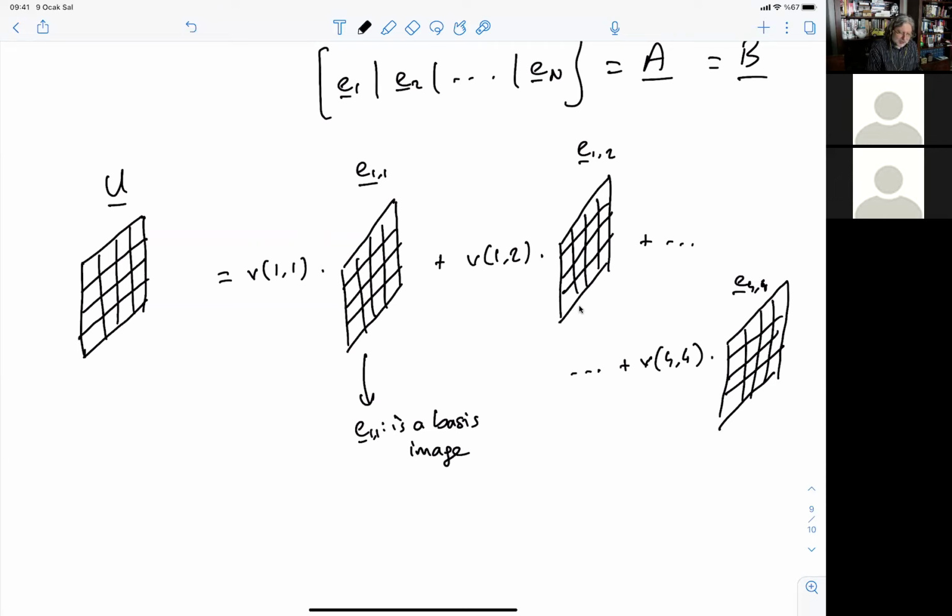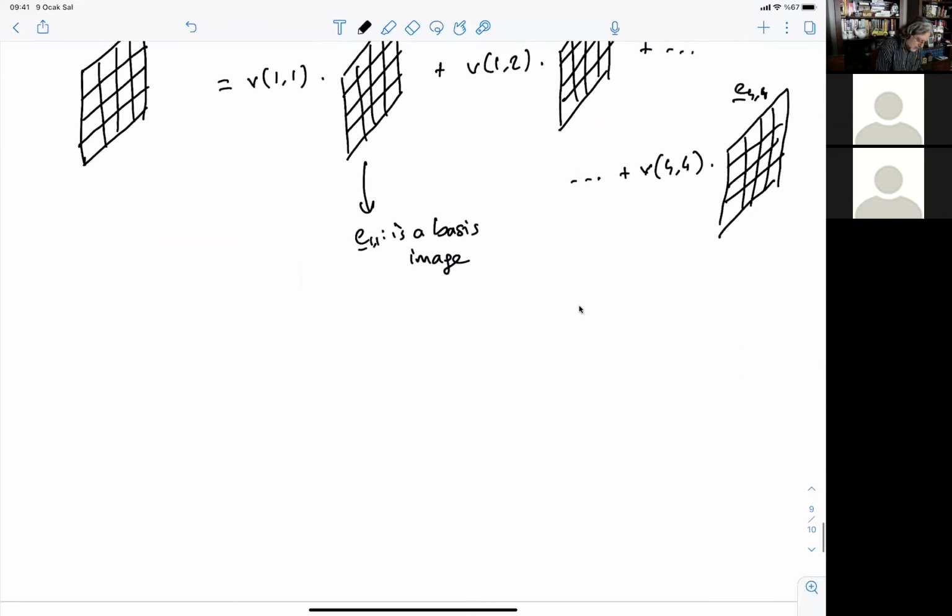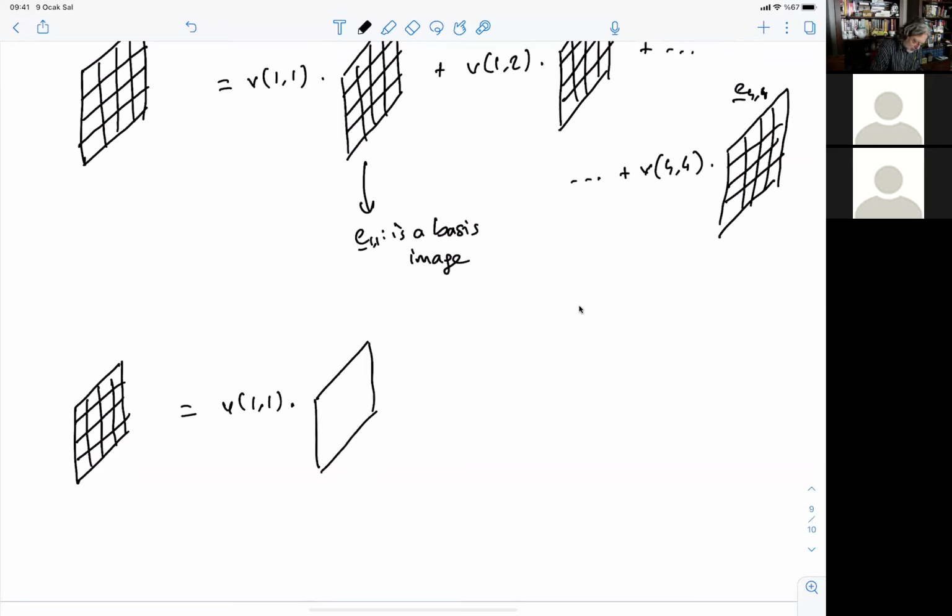Let's use the trivial transformation to see why 16 images are necessary. For example, if you have an image like this, again consisting of 16 pixels, it's essentially equal to a value, let's again call it V11, times the first basis image that I'm going to use. Notice what I'm going to draw. It is 1 here, and all the other pixels are zeros.